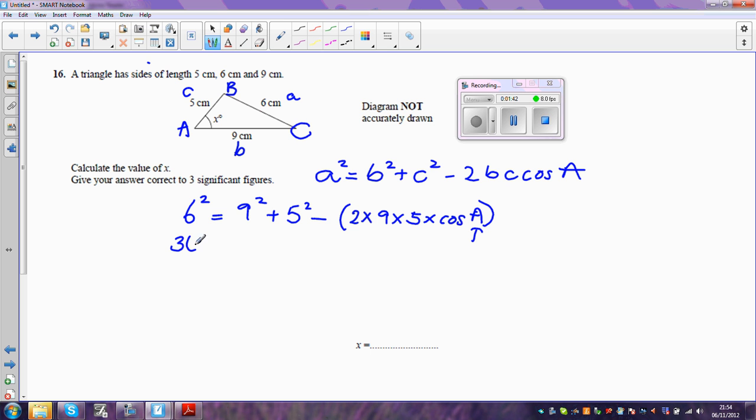So that's 36 is equal to 81 plus 5 5s are 25, minus, and here we have 2 times 5 is 10, that's going to be 90 cos A.